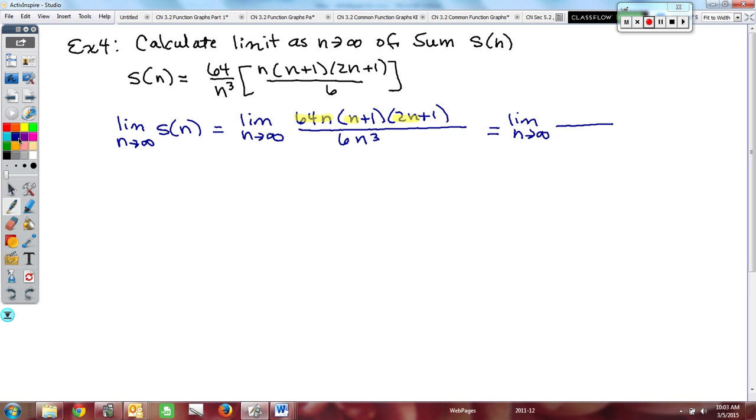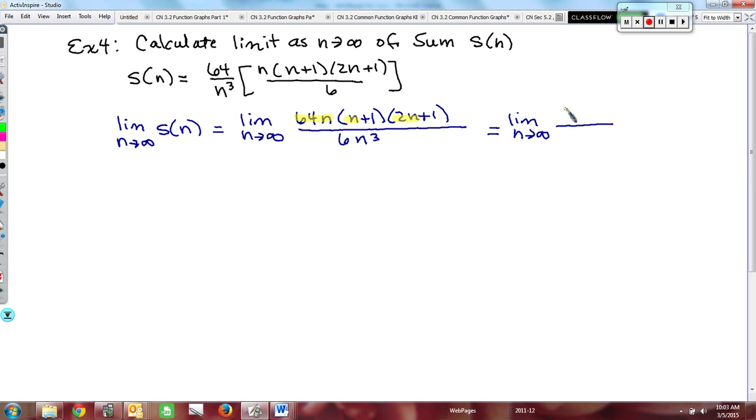So I'm basically going to take 64 times n times 2n, and I get 128n cubed. Technically there would be plus blah, blah, blah out there, but because I'm doing the limit at infinity, I don't care about that stuff. I only care about the dominant term. And then on the bottom, we have the 6n cubed.